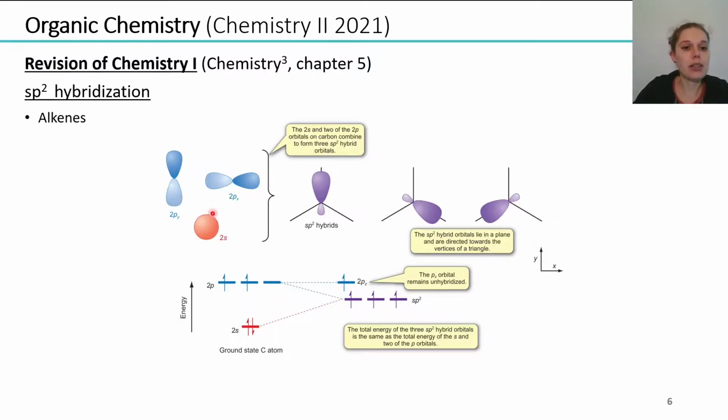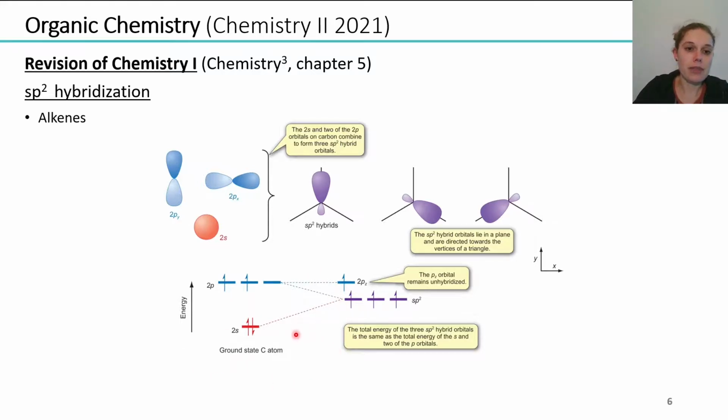And if we look now at the orbitals, you can see here the starting point, and then we have the interaction to form this sp2 hybridization, and then we end up with 3 different hybrid orbitals. And if we now have a look on the energy diagram, we can start with the ground state of carbon.